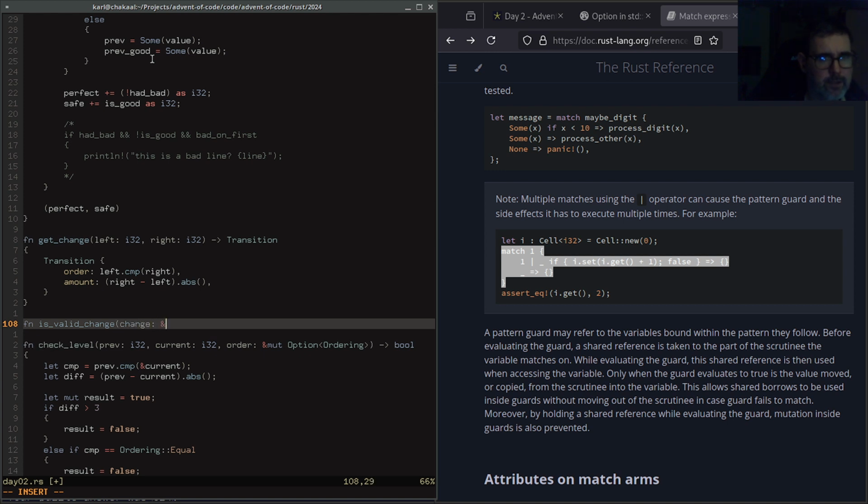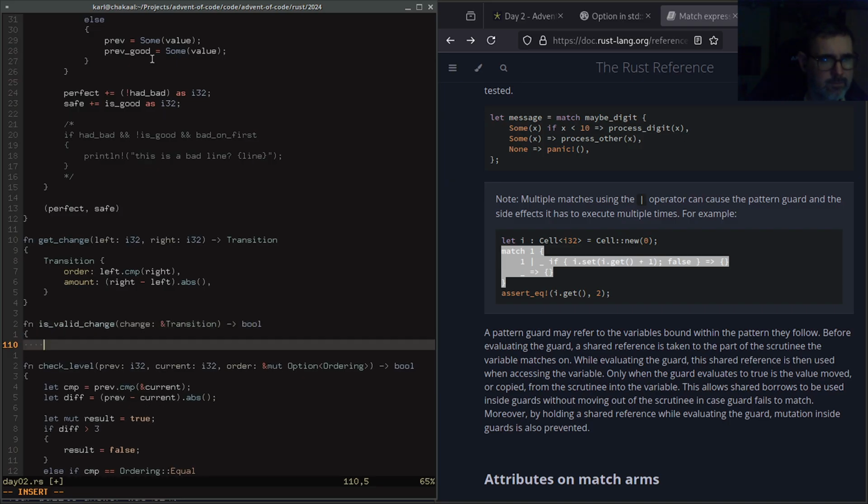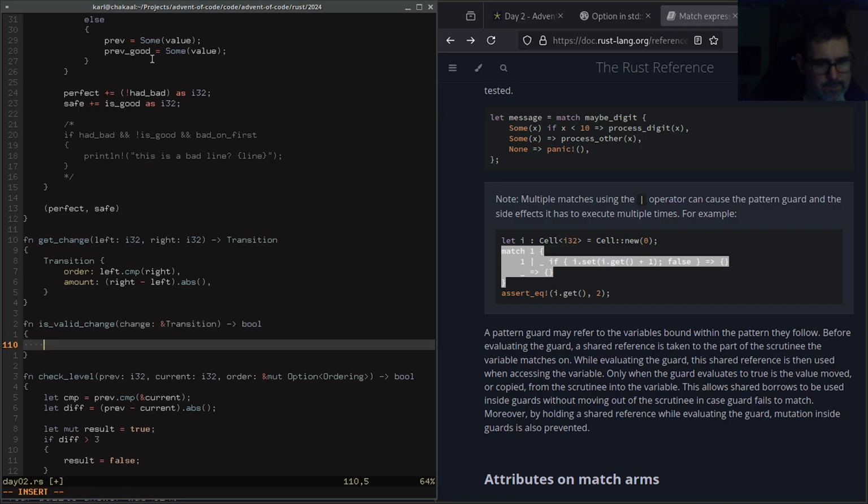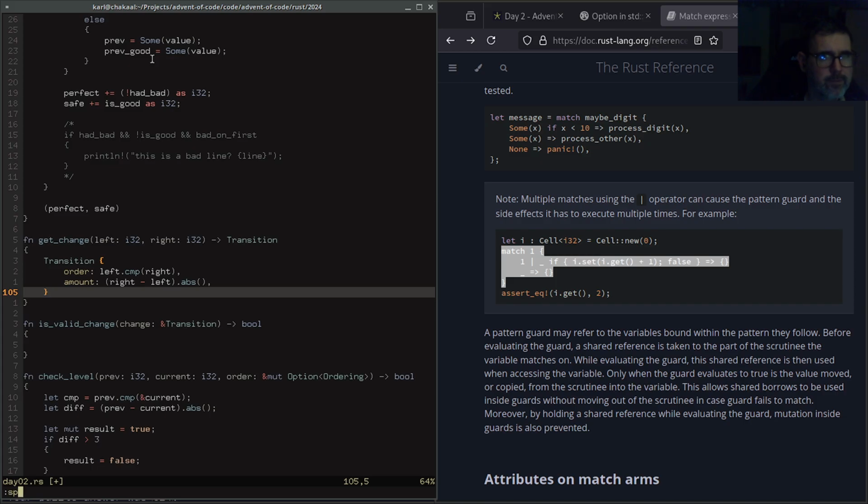I guess in one case I called it change, and in the other I call it transition. So this is going to be just what I had up here.